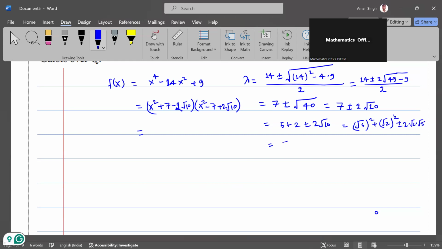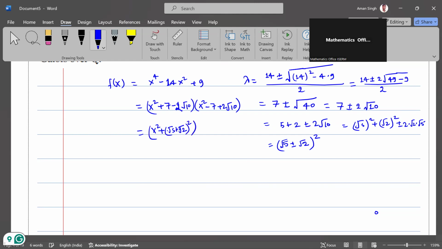So after all, this becomes root 5 plus minus root 2 whole square. So this is x square minus root 5 plus root 2 whole square.